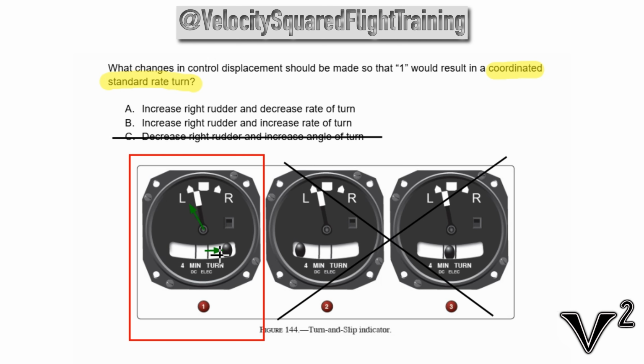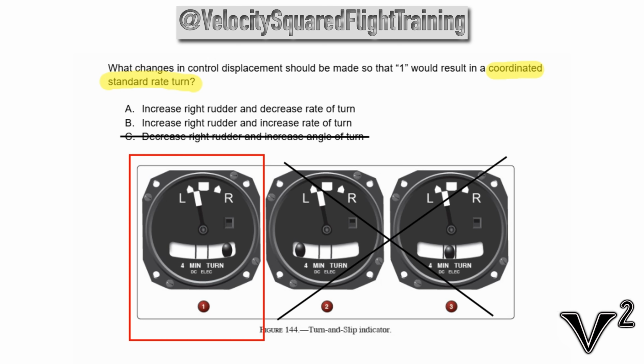All right. Now, the second part is, since we got a 4-minute turn here, what that's saying is, if this little needle, see this little needle here, were pointed directly at this home plate looking doghouse, then you'd be in a standard rate turn, right? So we're not pointed to that. We're not pointed to that.